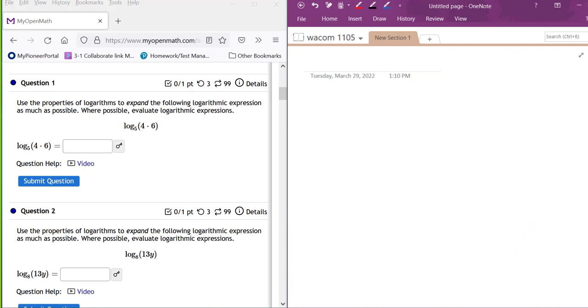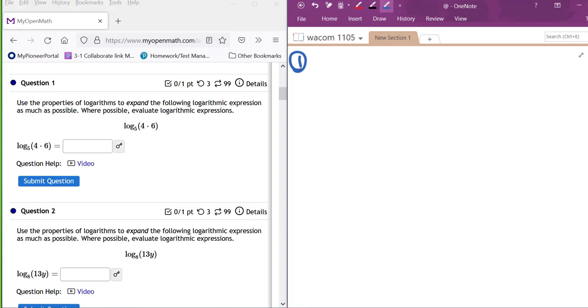Right, so we'll do some problems, and I'll make sure that you get that page. So first problem, these first ones are going to use the product, right? And so the key word here is expand.